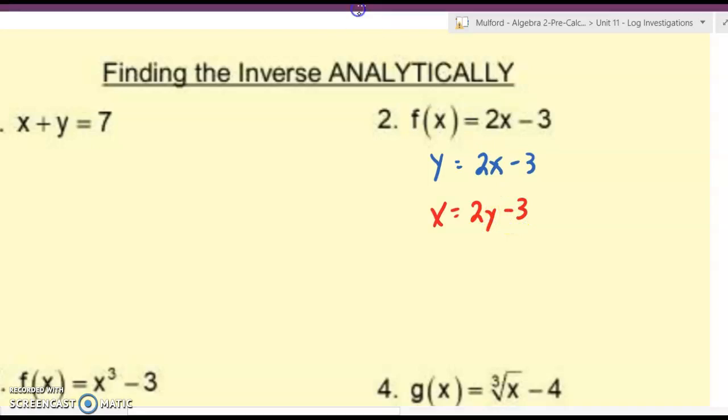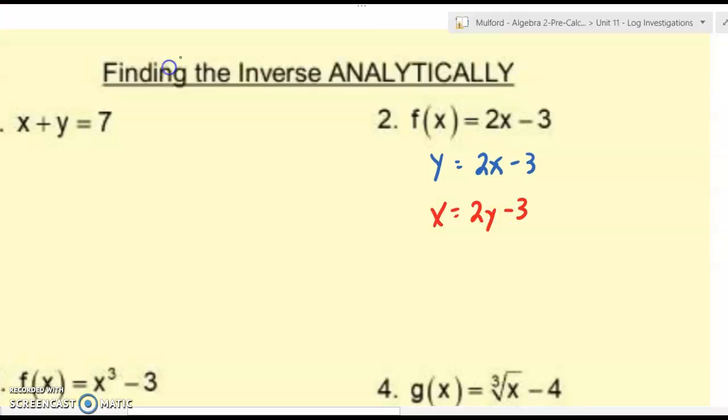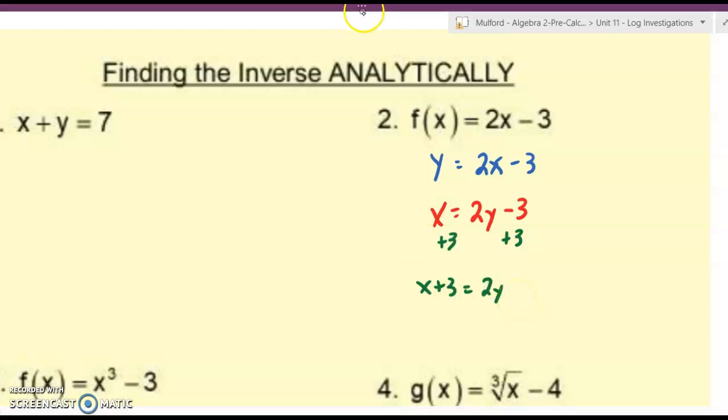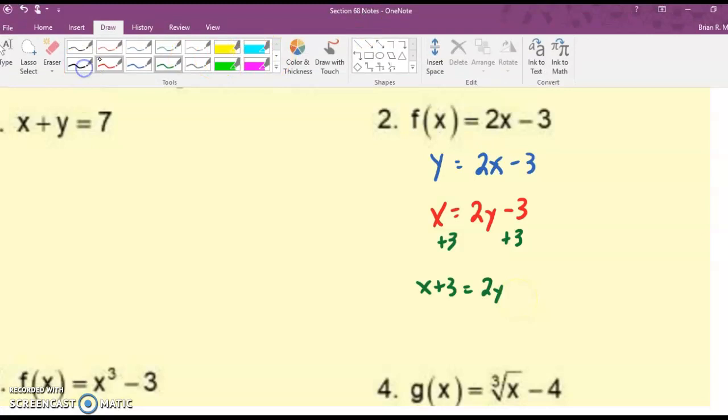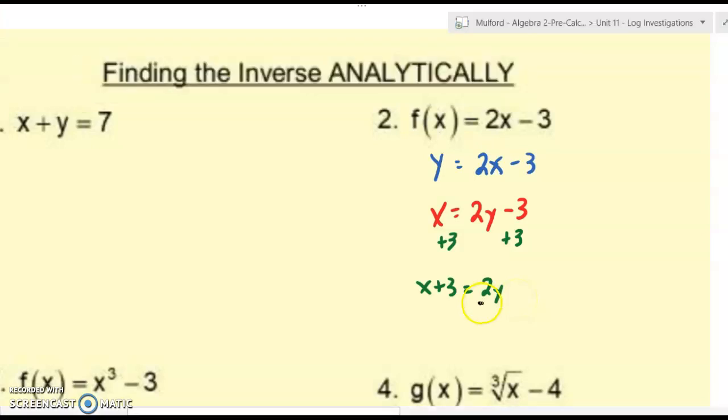Now, to find the inverse, I'm going to take that new equation that I have and resolve it for y. So I'm going to add 3 to both sides, and then I'm going to divide by 2. So I'm going to have y equals x plus 3 over 2.